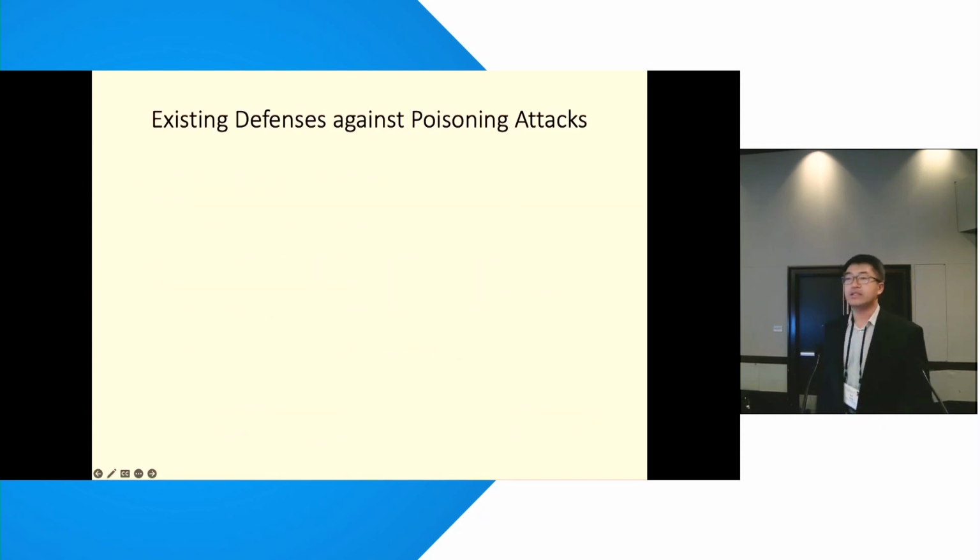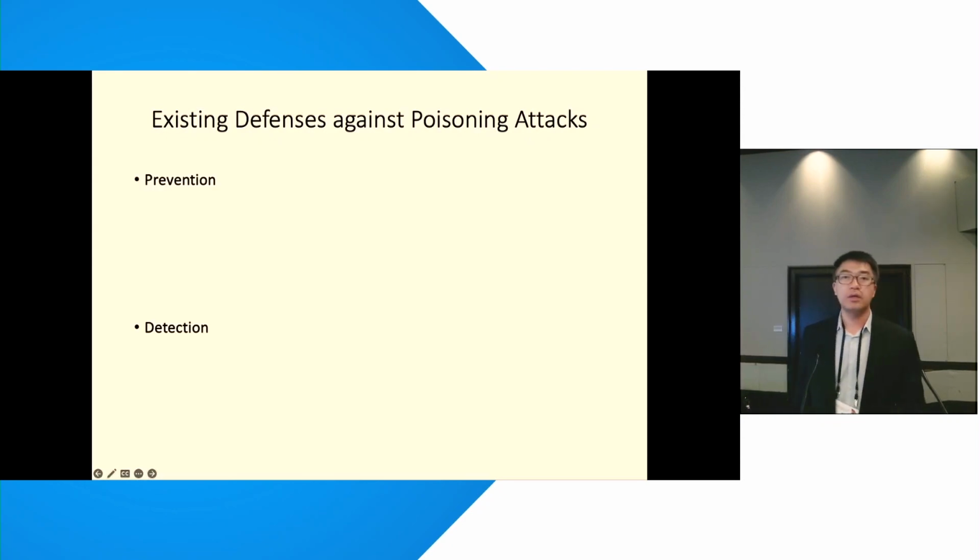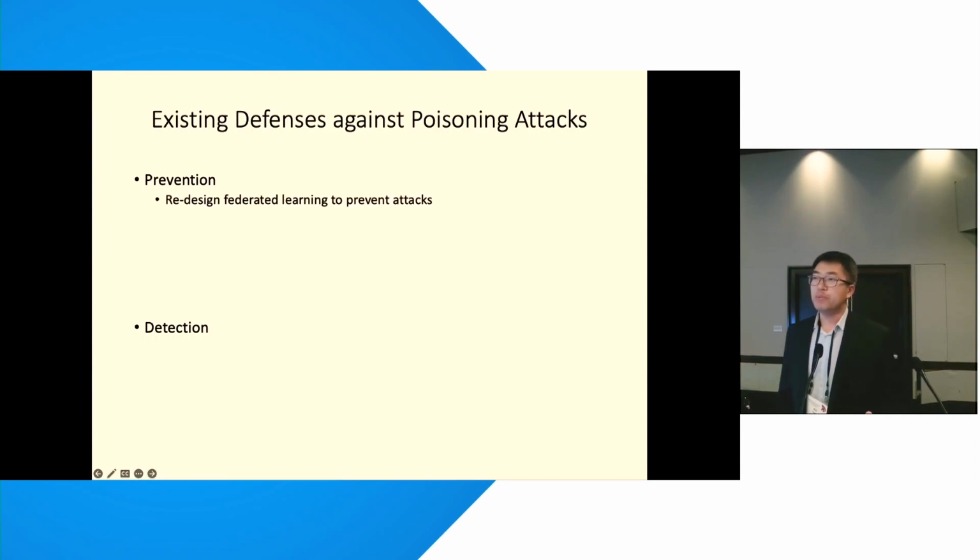To defend against these poisoning attacks in federated learning, people have explored both prevention mechanisms and detection mechanisms. Prevention basically means redesigning the federated learning algorithm or system to prevent malicious clients from poisoning the global model.